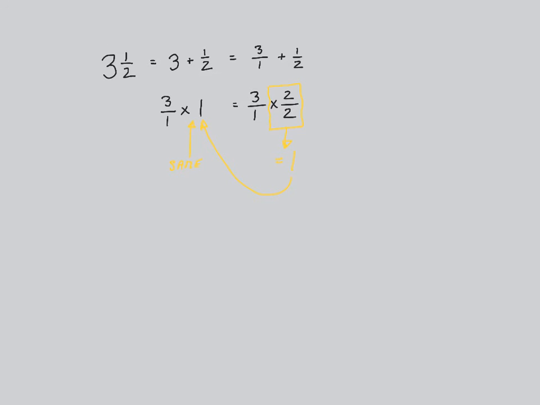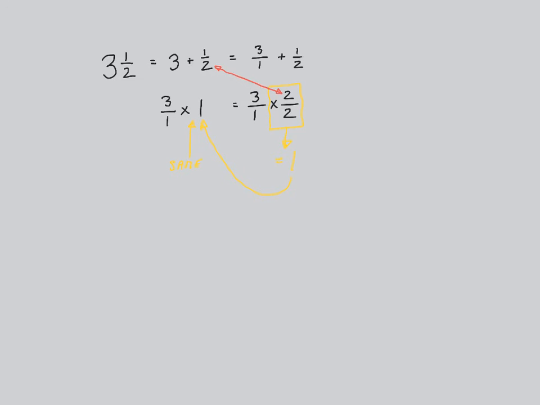We could, of course, have multiplied by 3 divided by 3, or 4 divided by 4. So why did I choose 2? Well, I chose 2 because I wanted the same number as I've got here.